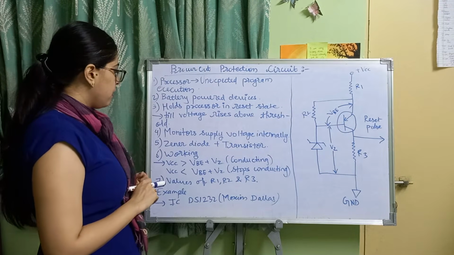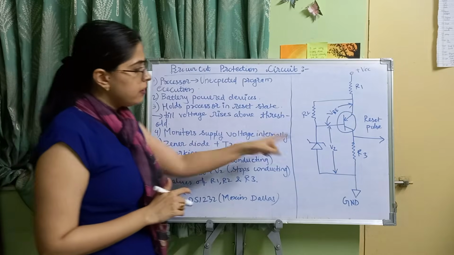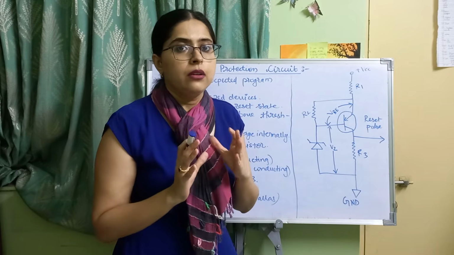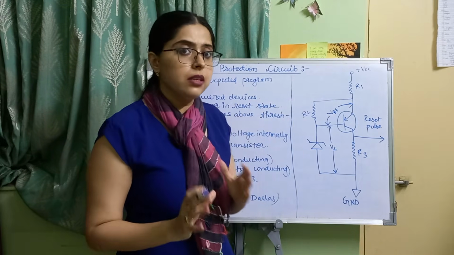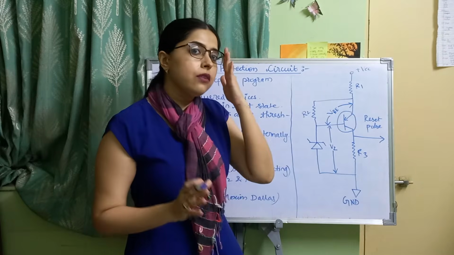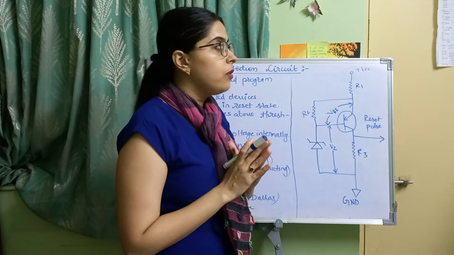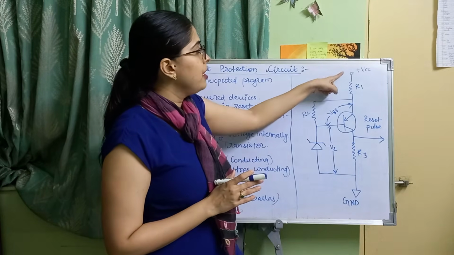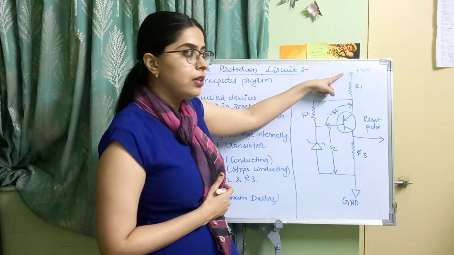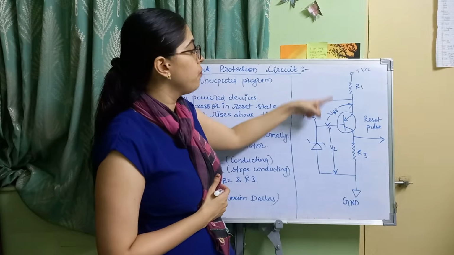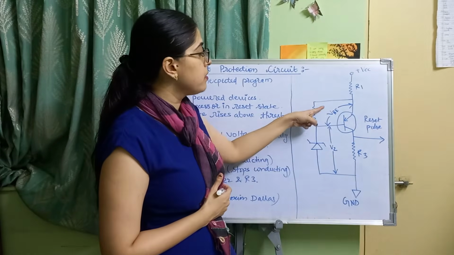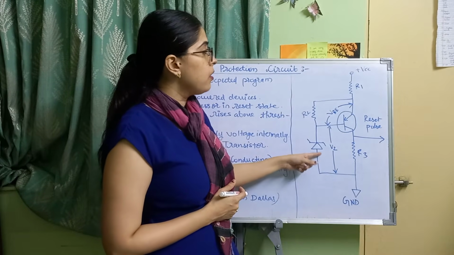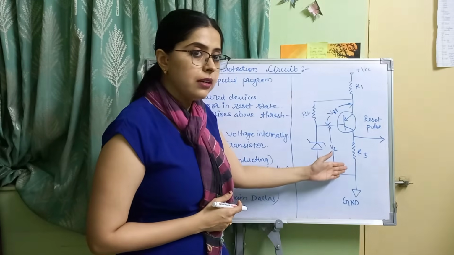Now here, Zener diode and transistor. See, this is the Zener diode and this is the transistor. These form the heart of your brownout protection circuit. Now, when we get into the working of this circuit, when the value of VCC, that is the supply voltage, is greater than the sum of VBE and VZ, that is the sum of the voltage across the transistor plus the voltage across the diode, then the transistor starts conducting.